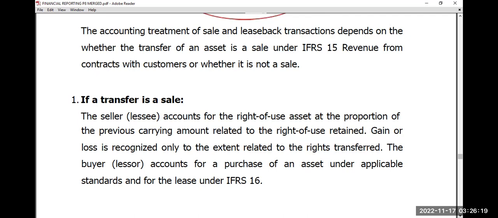And we are saying that the seller accounts for a right of use asset at the proportion of the previous carrying amount related to the right of use retained.